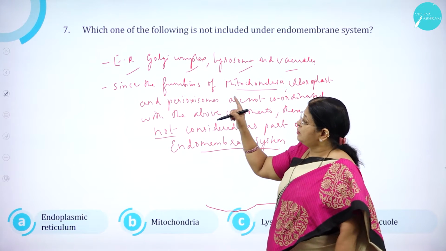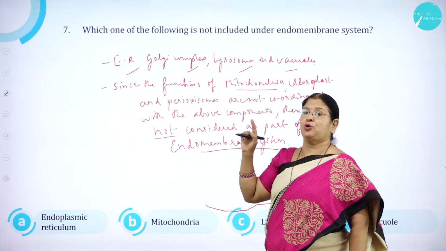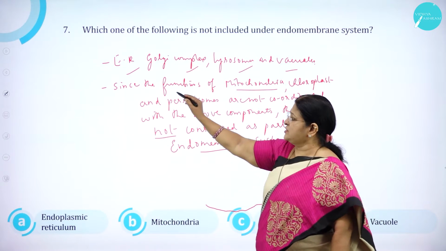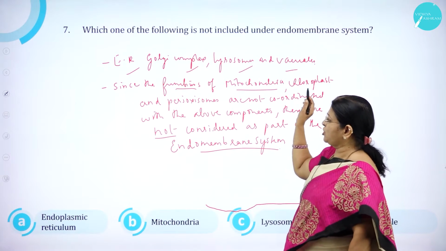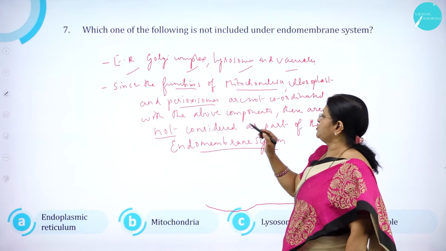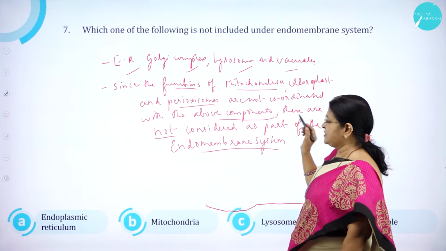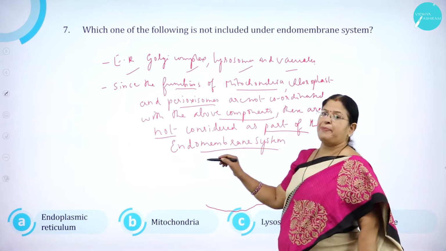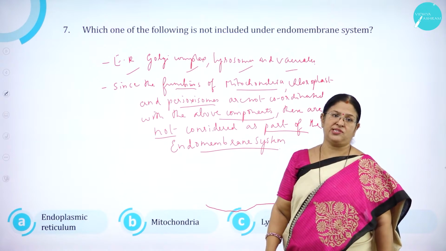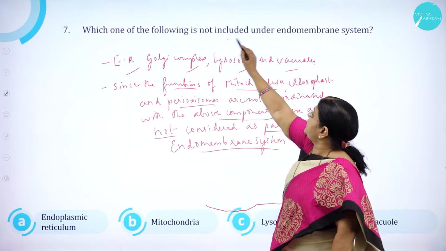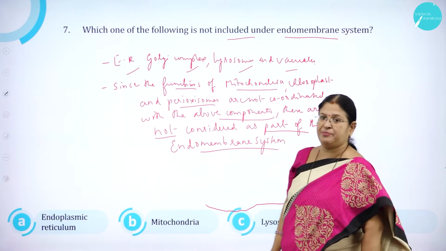But the mitochondria and chloroplasts are not included in the endomembrane system, since the functions of mitochondria, chloroplasts and peroxisomes are not coordinated with the above components. These are not considered as part of the endomembrane system.